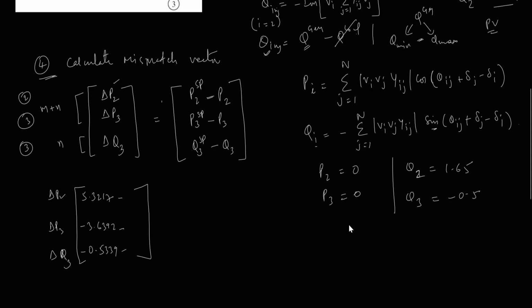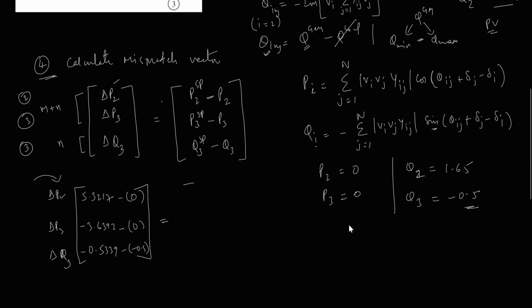So now you calculate the mismatch vector. This is P2 specified minus P2, P2 is 0, and P3 specified minus P3 is 0. And this is Q3 specified minus Q3 calculated, which is minus 0.5.